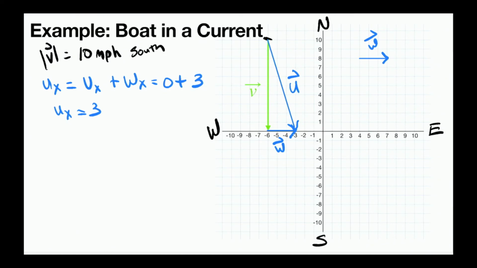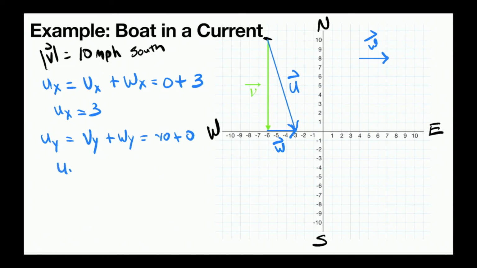Then our y component of u is going to be the y component of v plus the y component of w. All right, the y component of v, remember, is -10. And the y component of w, remember, it's only in that x plane, so it doesn't have any y component, 0.